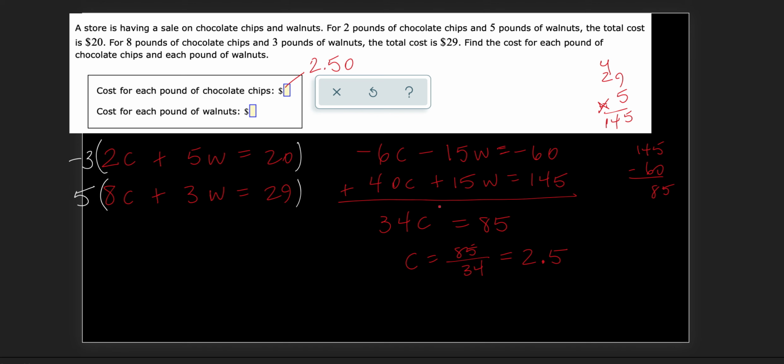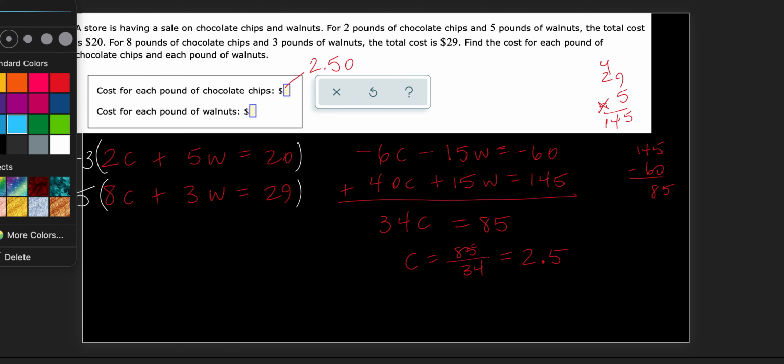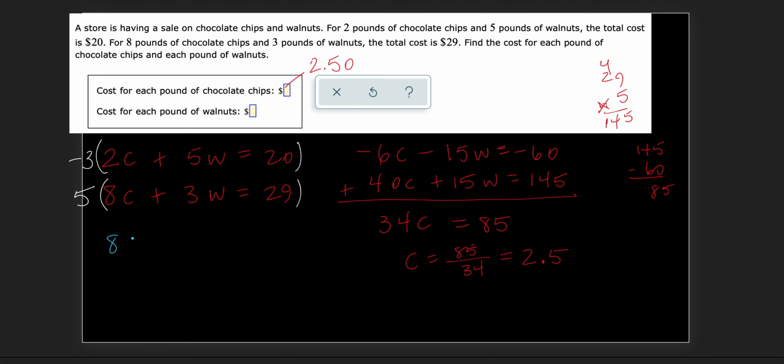Now, since we know C, we can find W by plugging in C for either one of those equations. So I'll use 8C plus 3W equals 29. And we know C is 2.5. So 8 times 2.5 is 20.